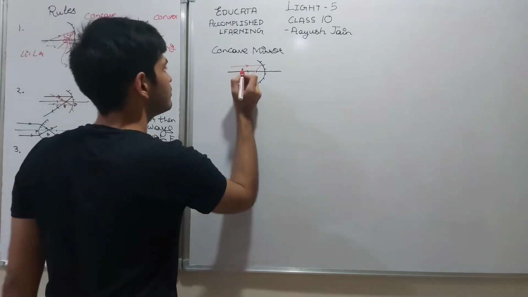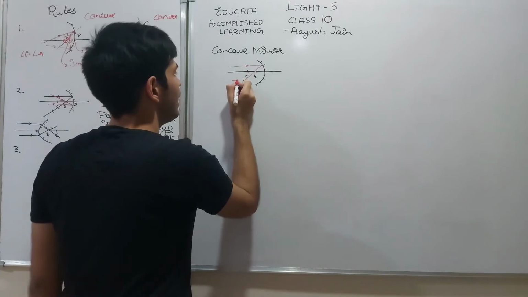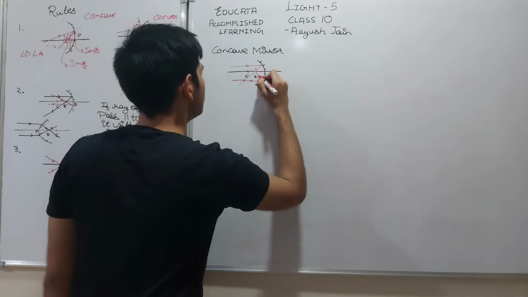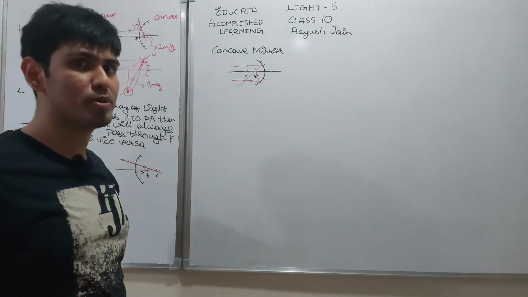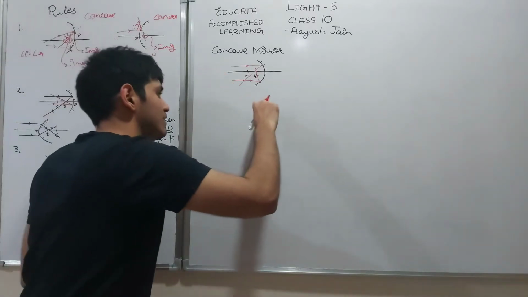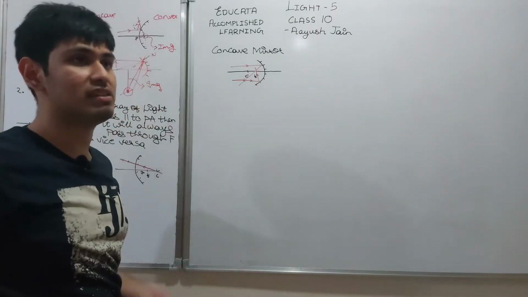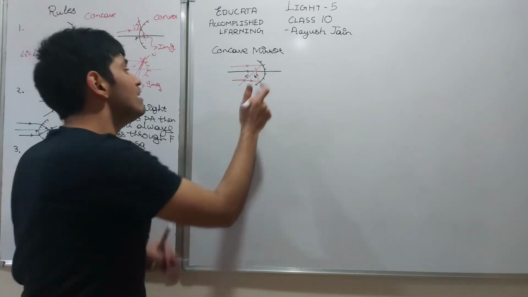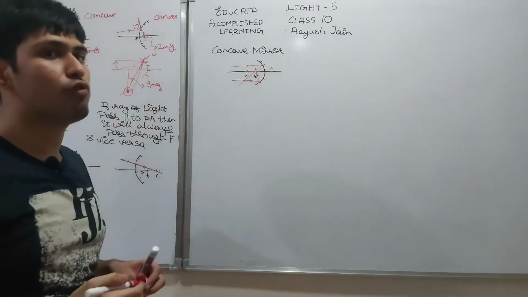Suppose this is a ray of light passing parallel to the principal axis, can we again pass it to the principal focus? Because we do not know the size of the object. We can just draw some lines like this, and we can clearly see that the image is formed at focus.